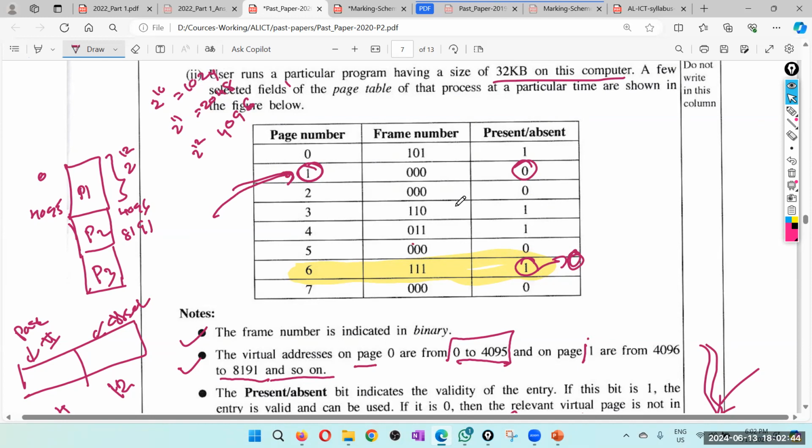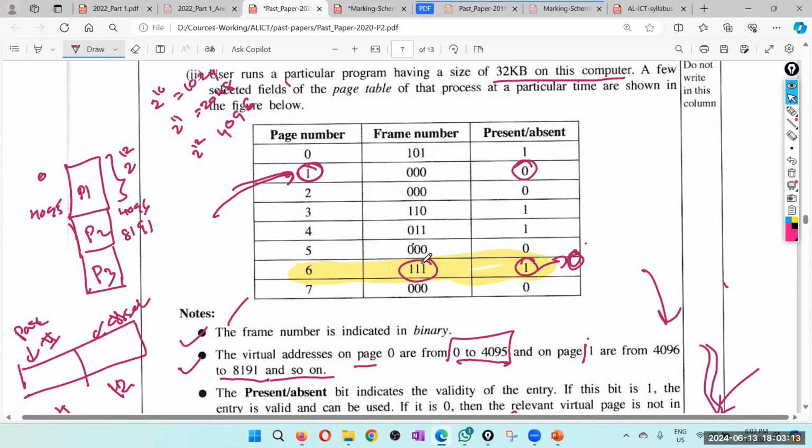So most probably, this particular page, which corresponds to this frame number, has been taken to the virtual memory so that the memory can be used to bring the frame corresponding to this page into memory, so that we then have a valid physical memory address.